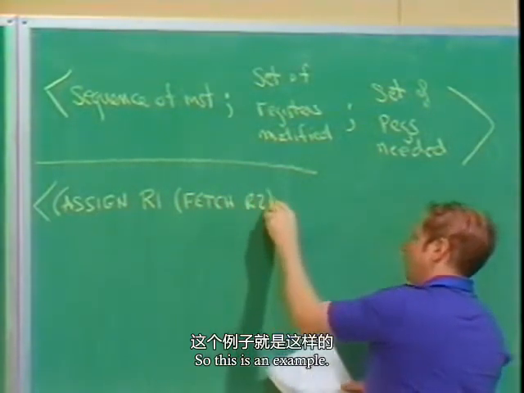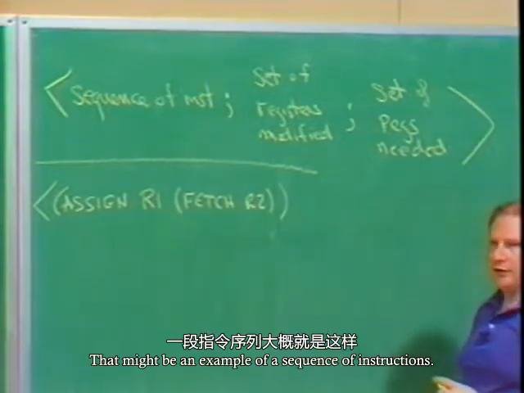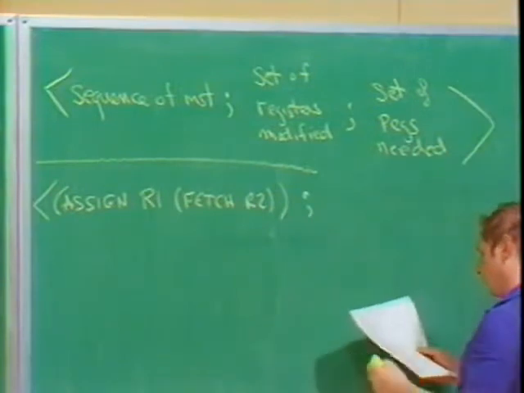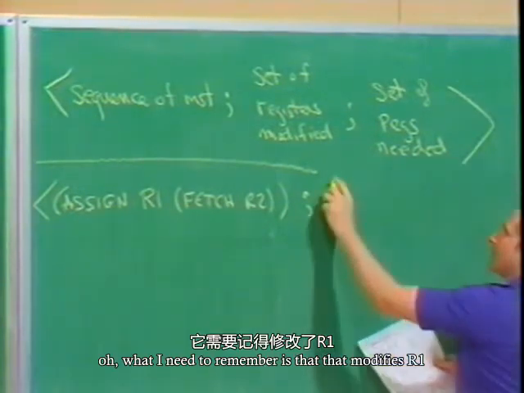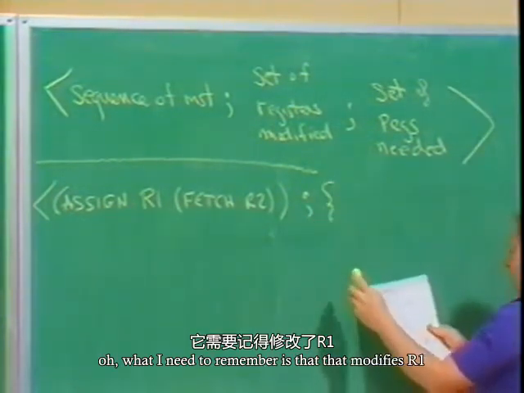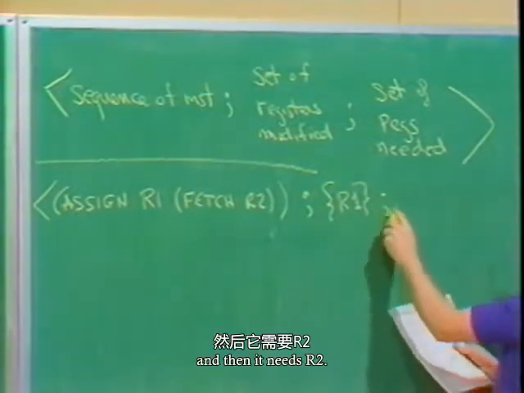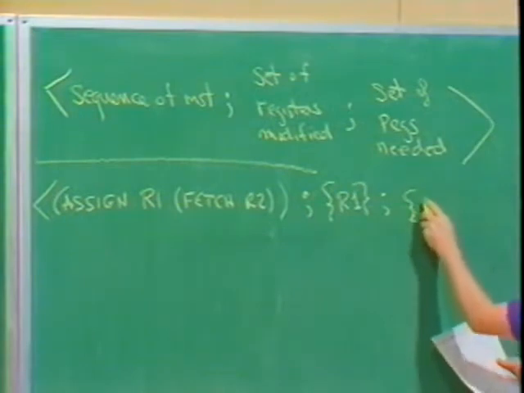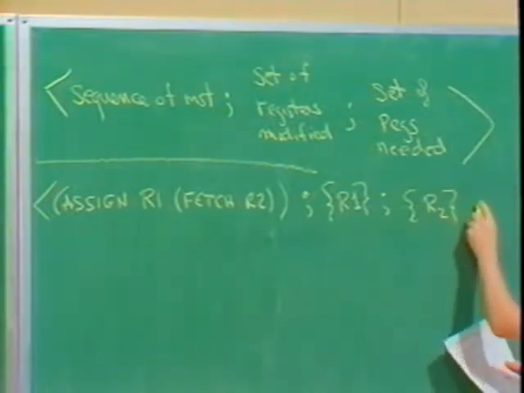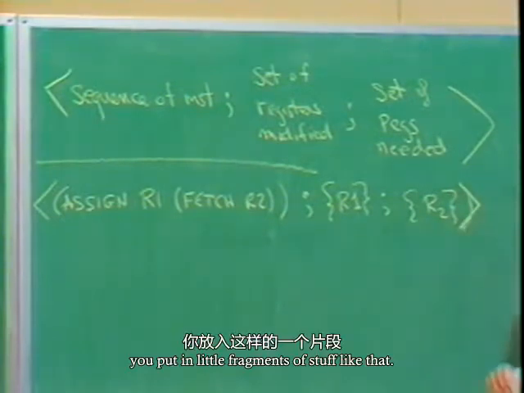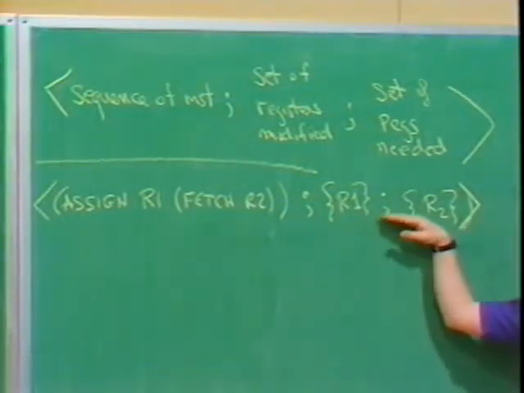That might be an example of a sequence of instructions. Along with that, it'll say that what I need to remember is that it modifies R1 and that it needs R2. So when you're first building this compiler, you put in little fragments of stuff like that.